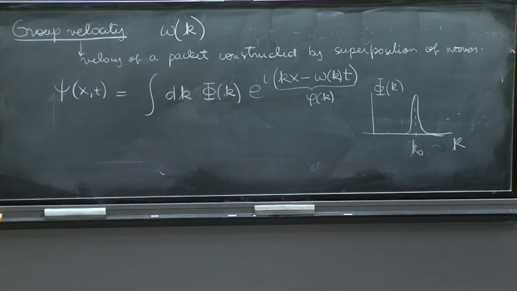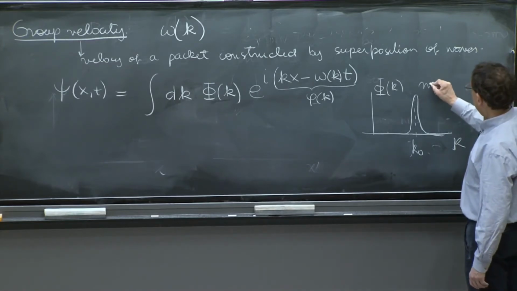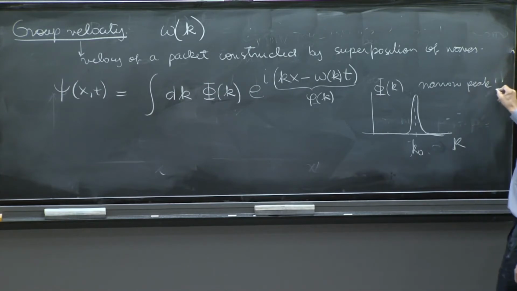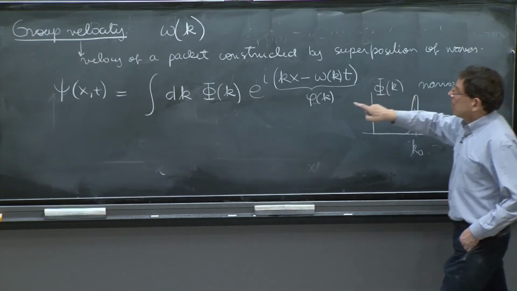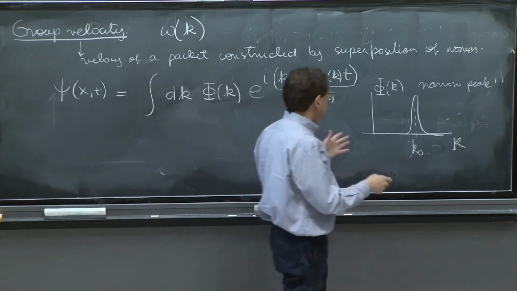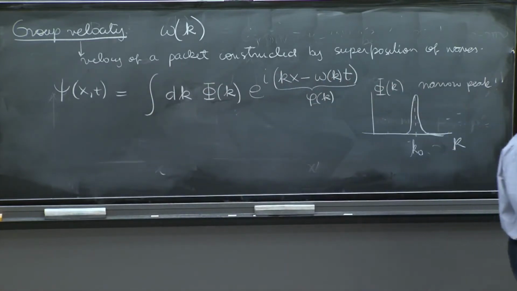Narrow peak. And that is our wave. And depending on how this phi of k looks, then we'll get a different wave. And we're going to try to identify how this packet moves in time.